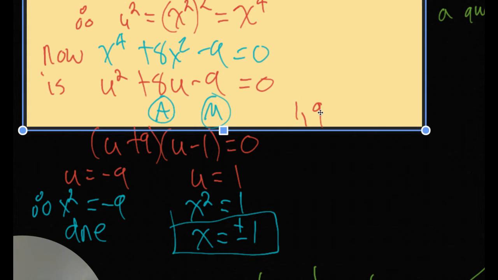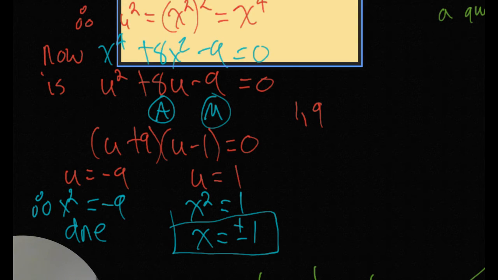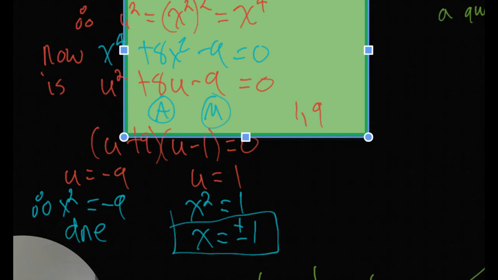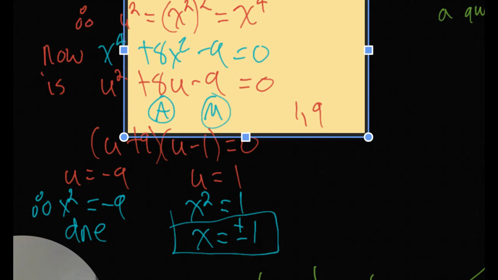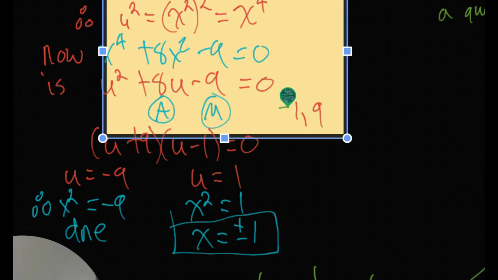So that means that 1 and 9 are the two numbers. Now specifically, is the 1 positive or negative? Well, it multiplies to -9 and adds to positive 8. That means the 1 is negative. There we go. So it's -1, positive 9.